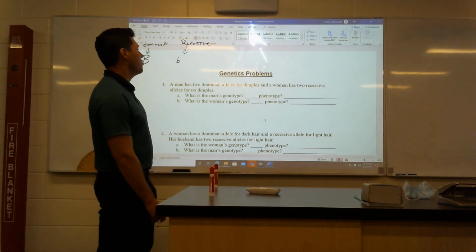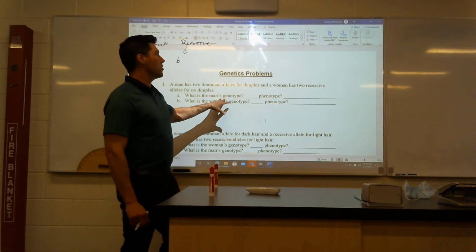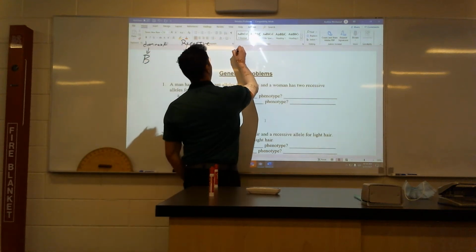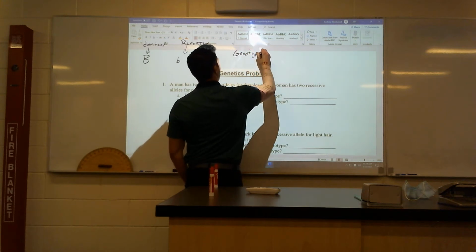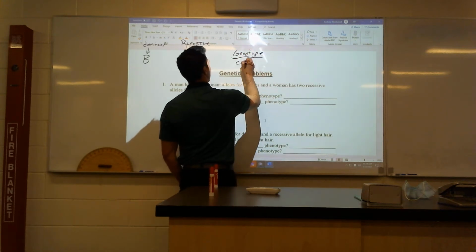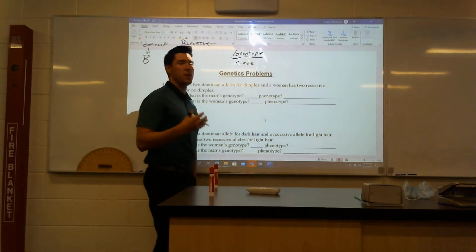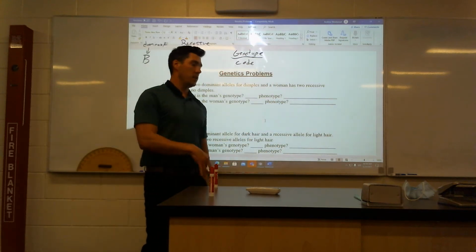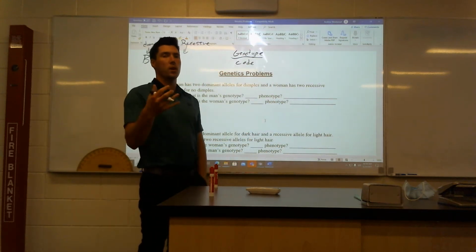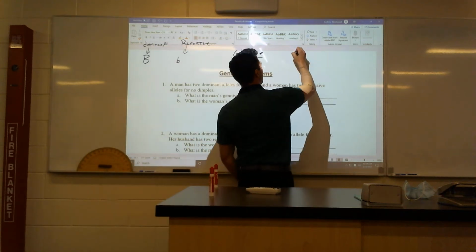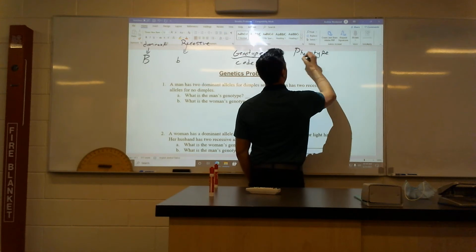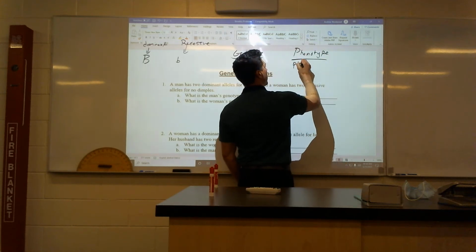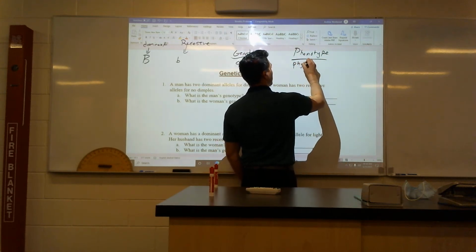Okay? So what is a genotype? Okay, so we have not talked about genotype and phenotype yet. What genotype means is like, what's the code? So this is the code. Like big B, big B, or little b, little b. Okay, what is the code? What phenotype means is like the actual physical characteristic, or what do we see?